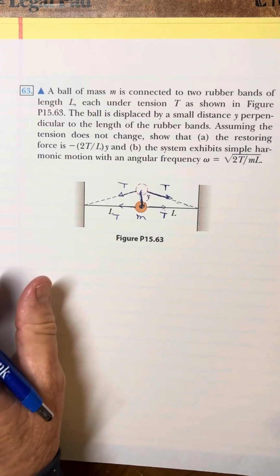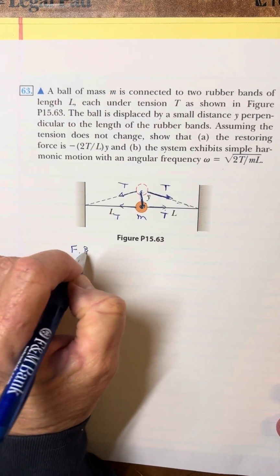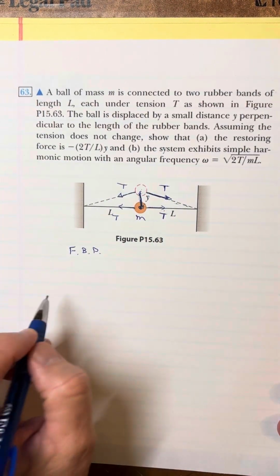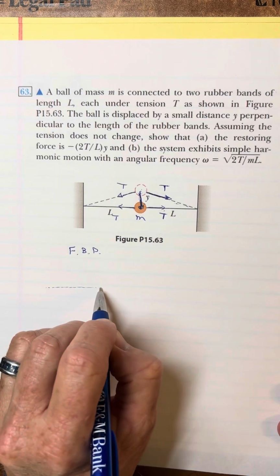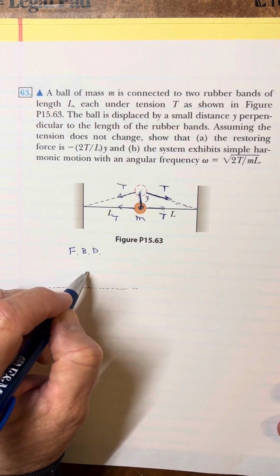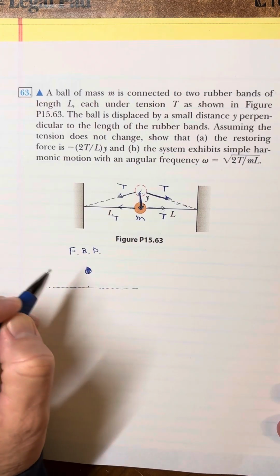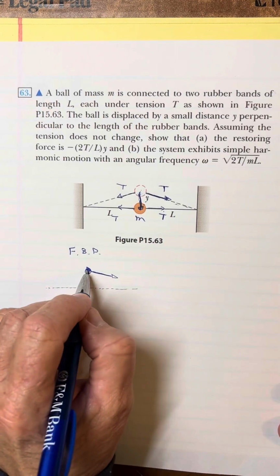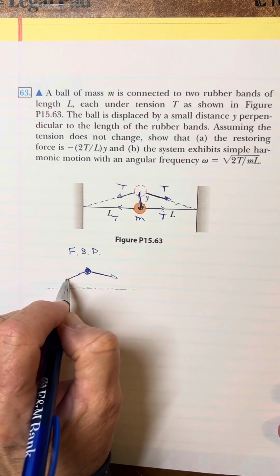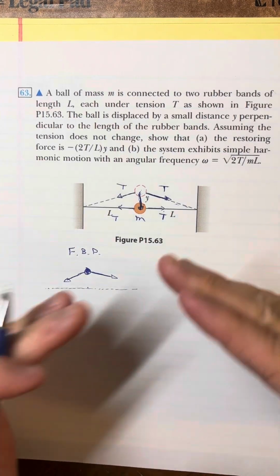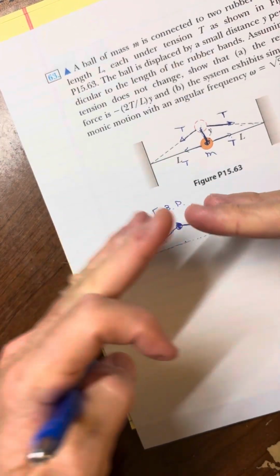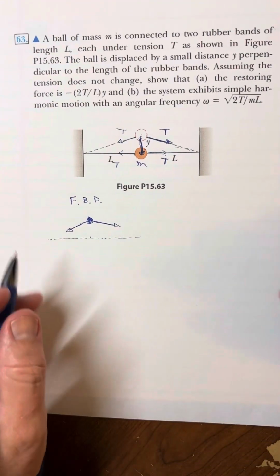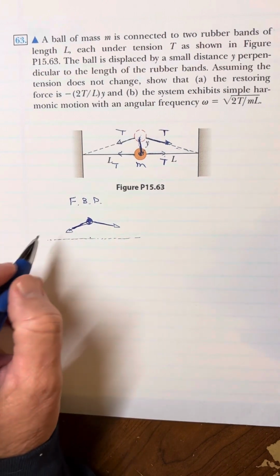And then B. So let's do the free body diagram, and let's put the ball off of the center line a little bit. The tension on both sides is angled a little bit down. I didn't do a very good drawing here. It should be symmetric, but it needs to be angled down.